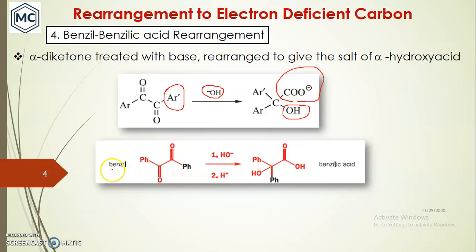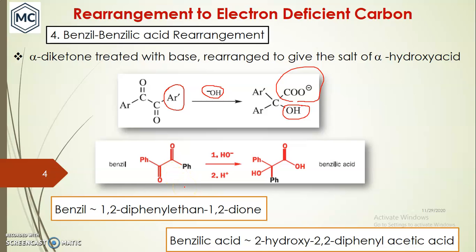And there are many examples. The most important is Benzil-Benzilic. Benzil means two phenyl groups. Here you have two phenyl groups in the diketone, and the name benzil means 1,2-diphenylethane-1,2-dione. That is benzil. Benzil in the presence of base gives benzilic acid.